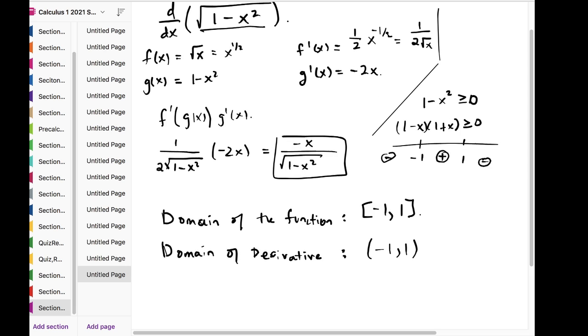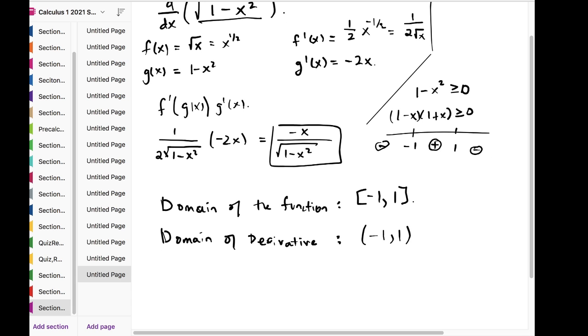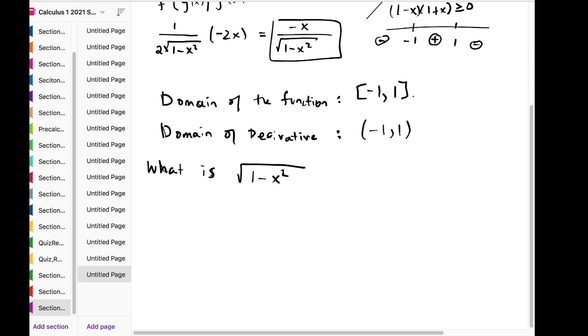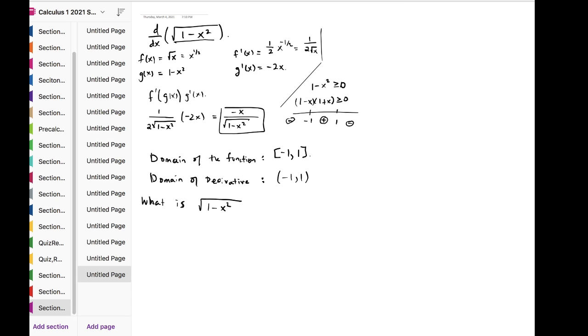Now finally, what is this function? This is a well-known function. Do you have an idea? What's the range of the function?